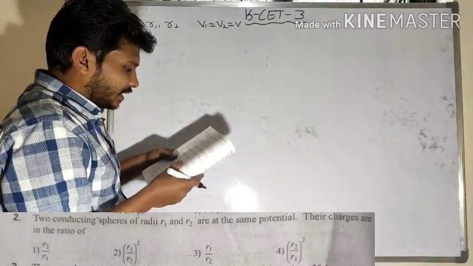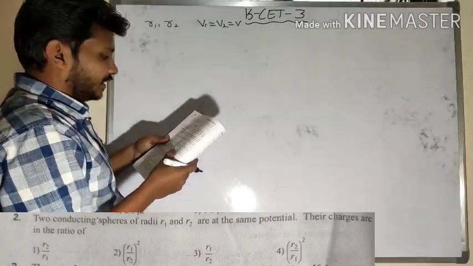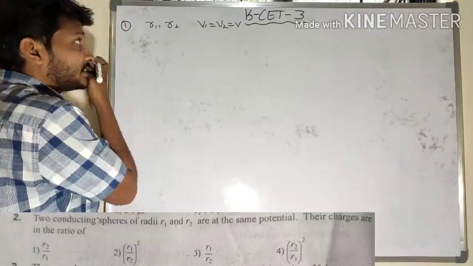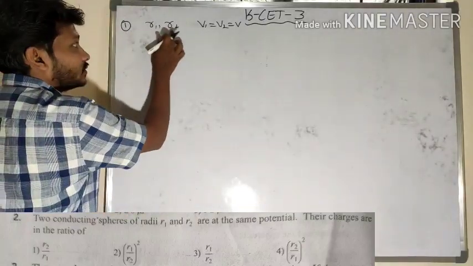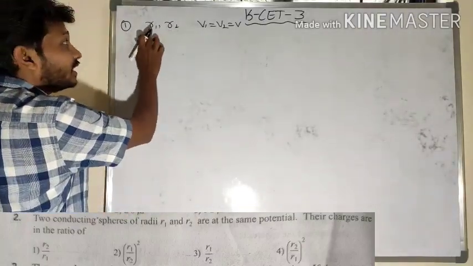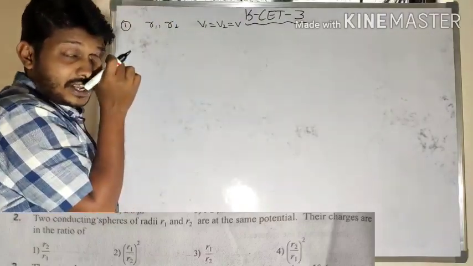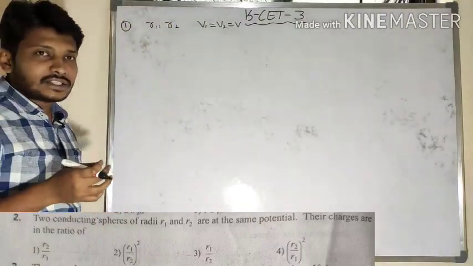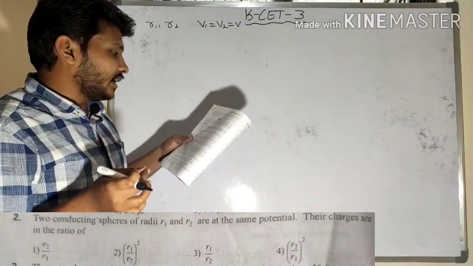Their charges are in the ratio of what? Which thing do I need to determine here? Charges. They mention r1 and r2, so I need to find the relation between the radius and the charge. In order to calculate this, I will consider a conducting sphere.